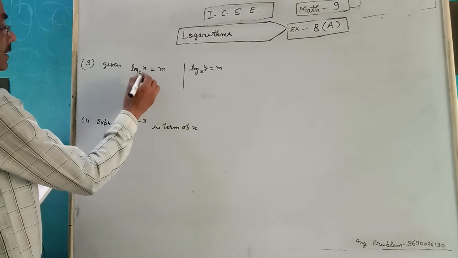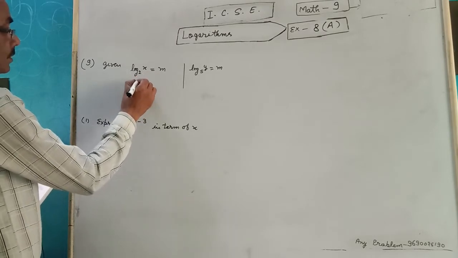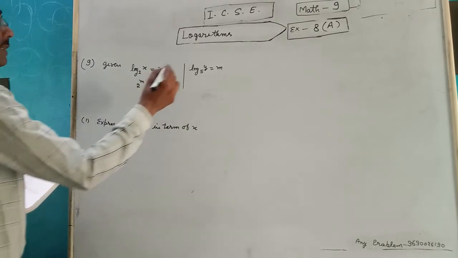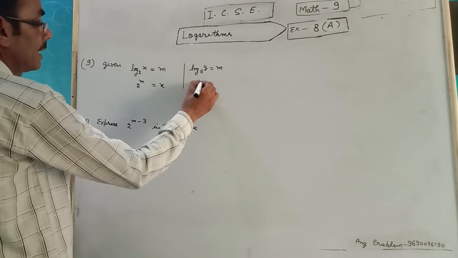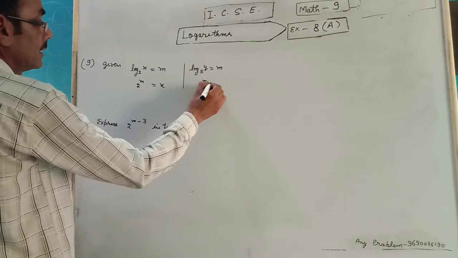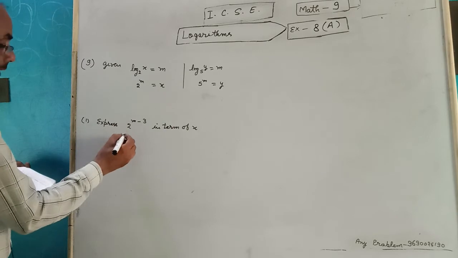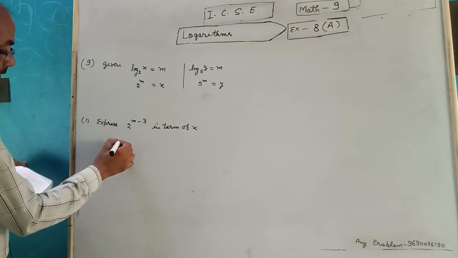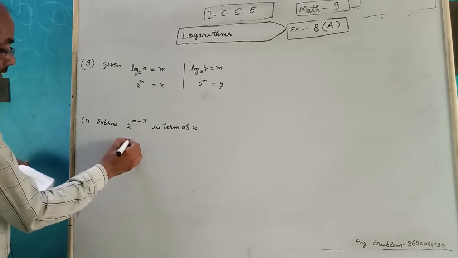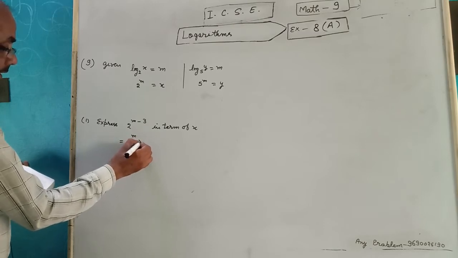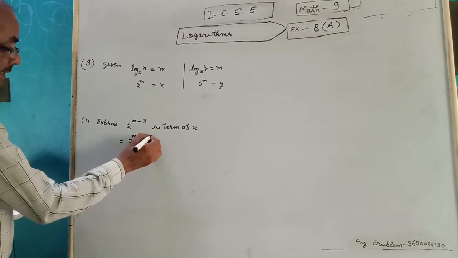Write the exponential form. 2 as power m is equal to x and 5 as power m is equal to y. Write 2 as power m minus 3 as 2 as power m into 2 as power minus 3.